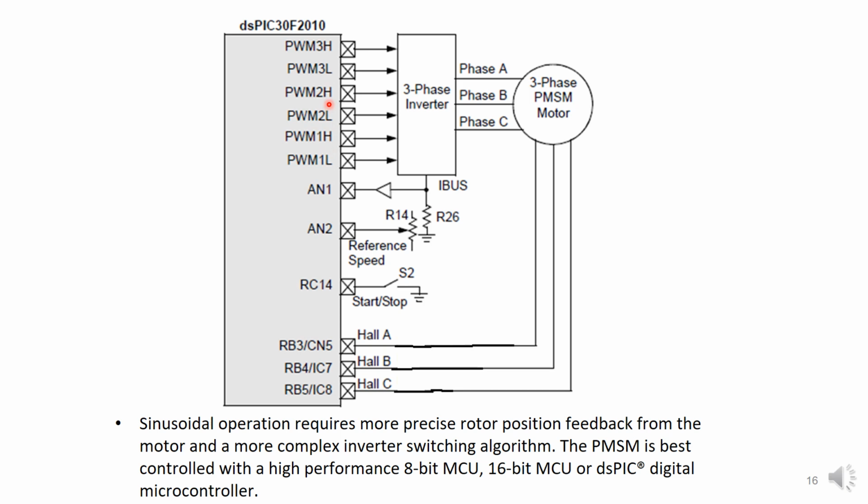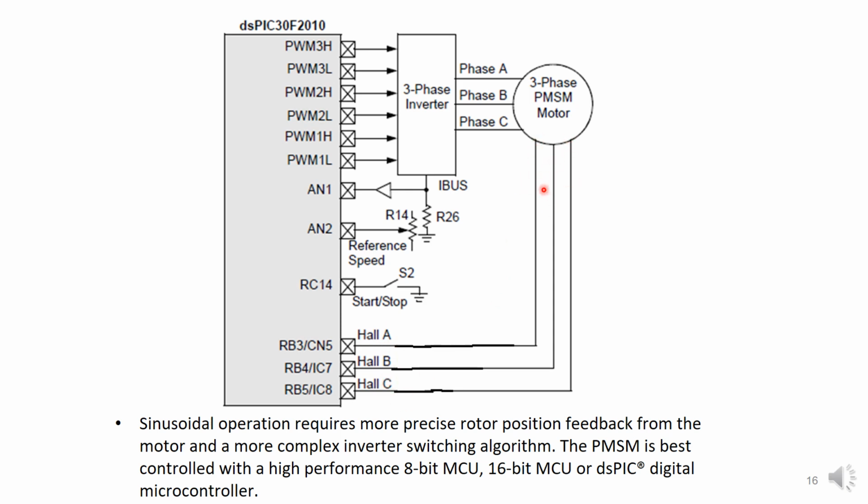So here you can see we have PWM signals 1, 2 and 3. We have 3 legs for the inverter, that is 6 switches. The gate of each switch is connected to its PWM port, and the output of the inverter is connected to the PMSM motor.